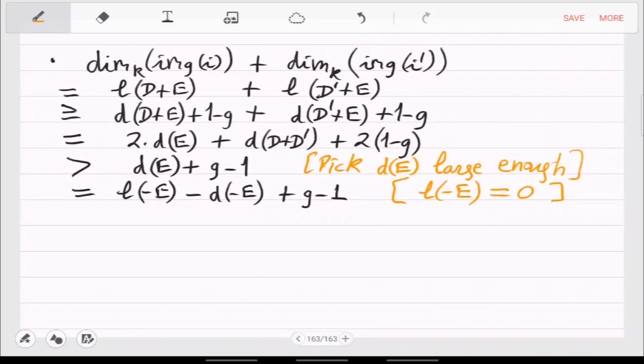So it gives me this in the end, L minus D plus G minus 1. So that's delta minus E. And by a major proposition, delta minus E happens to be the omega E, dimension of omega E.